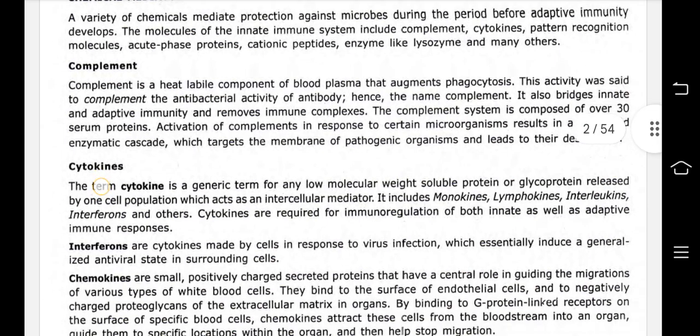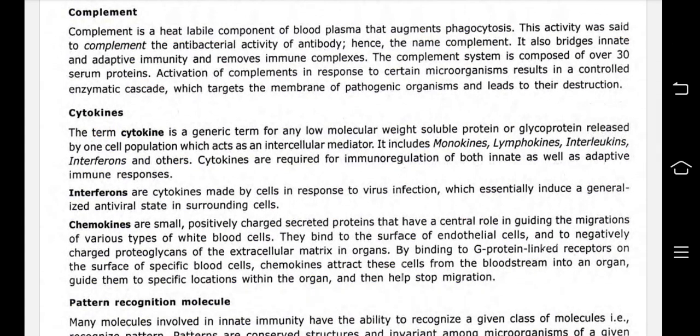Then cytokines. The term cytokine is a generic term for any low molecular weight soluble protein or glycoprotein released by one cell population which acts as an intercellular mediator.